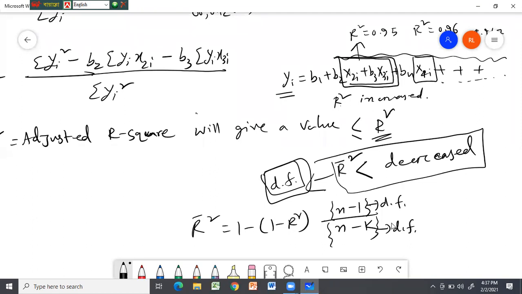And that is why when you are adding more explanatory variable, the only R square value has been increased, but adjusted R square value will be decreased. Okay, that is the nature. And this is the first property I have just explained you.